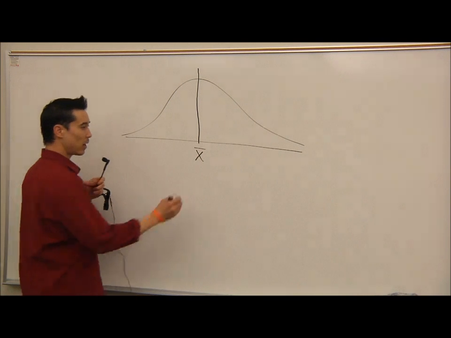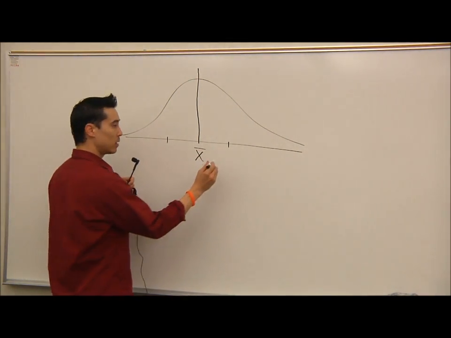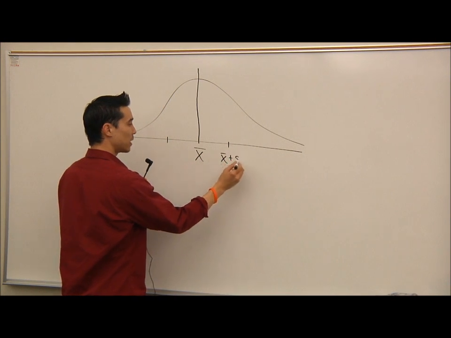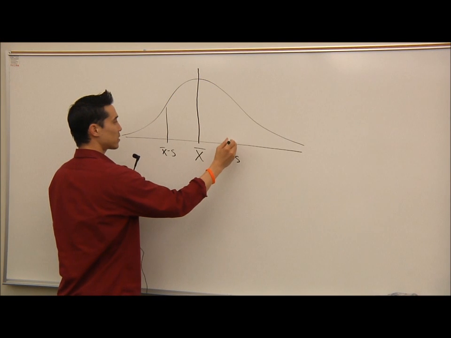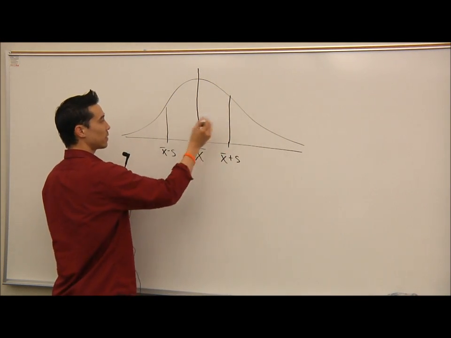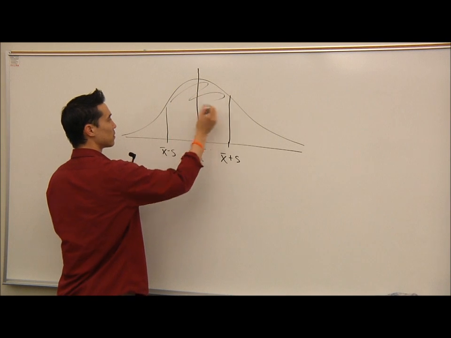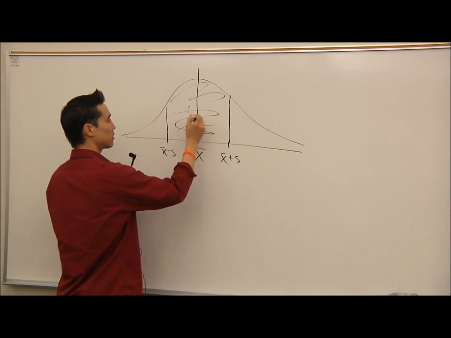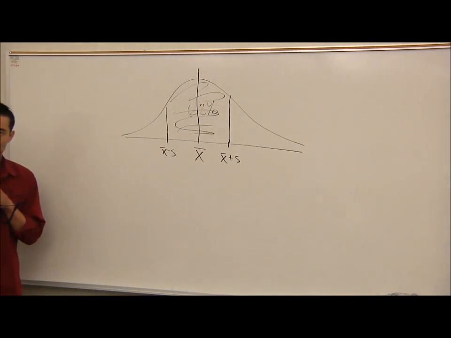Now, if I go out one standard deviation on each side, so this will be x bar plus s, and this will be x bar minus s, then this right here covers roughly this area. That's roughly 68%. Okay, kind of doing a visual presentation of what we just wrote on the board.